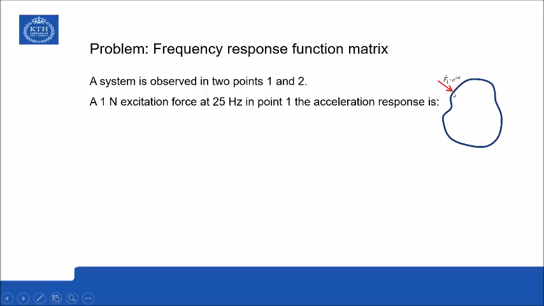First we apply a 1 Newton excitation force at 25 Hz in point 1, and the response to this force is in point 1. The complex acceleration is 0.50 meters per second squared with a phase angle pi/3.